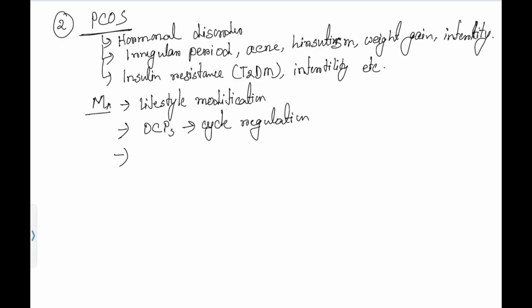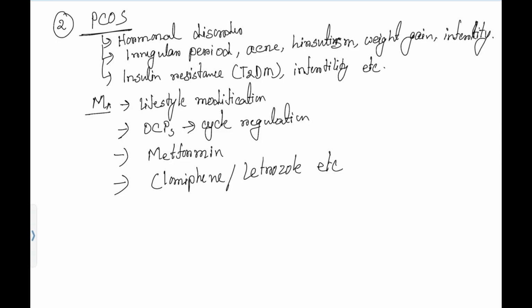And if there is type 2 diabetes mellitus, then medical management is metformin and so on. For infertility management, you need to take clomiphene citrate or letrozole, etc. These are the treatment of infertility cases.